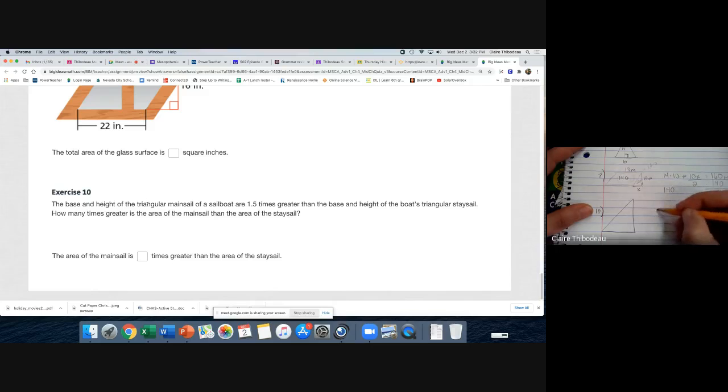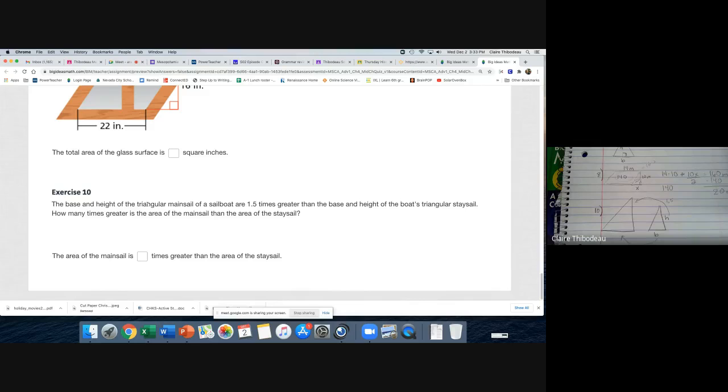So let's draw the second one. So this one is 1.5 times greater than this one. So whatever the base and height is here, we multiply both of those by 1.5, multiply the height by 1.5, and that will give us the base and height of the bigger triangle.